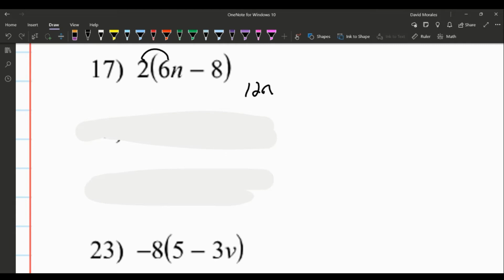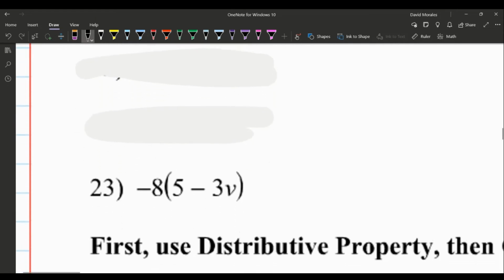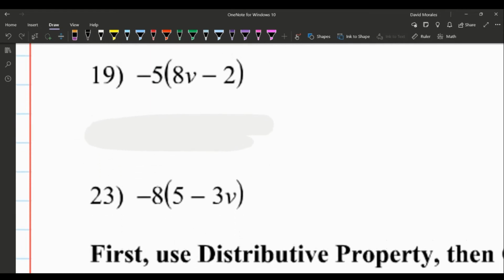And whoops, before I put that minus sign, 2 times negative 8 is negative 16.